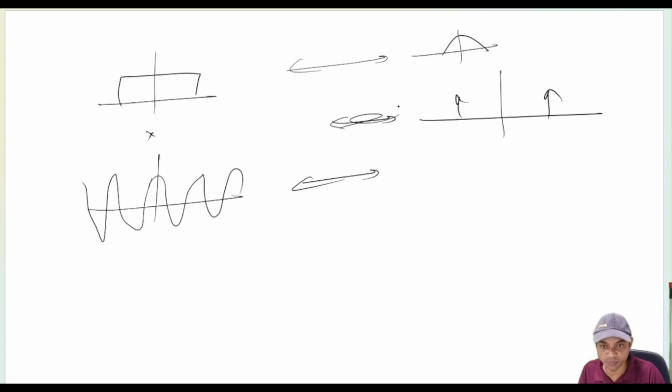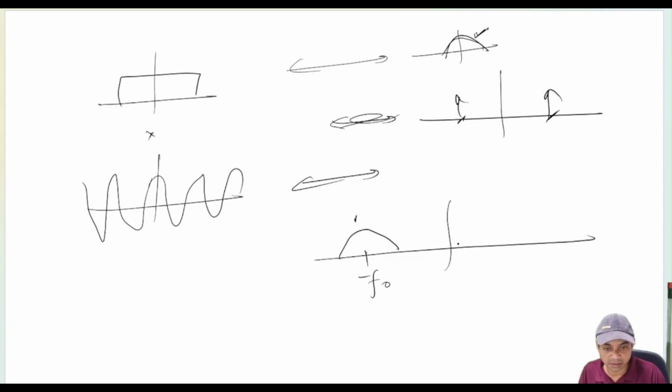Multiplying in the time domain means, in the frequency domain, we are just shifting this M f to these two positions. The central frequencies are minus f naught and plus f naught. This is M f, and this is the copy of that one.